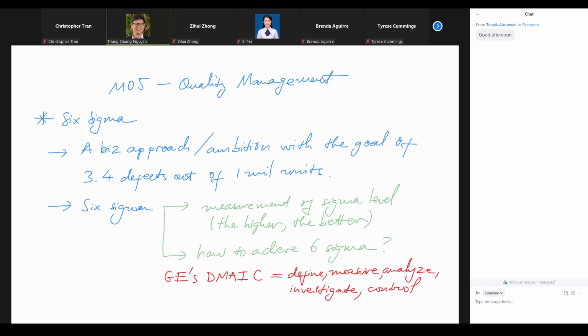The Six Sigma that we are focusing on today is more broadly, more generally defined, so it can be applied to many contexts. Okay, so today we will focus on the measurement of the sigma level, where we can apply that sigma level to any process that can be measured with the number of errors, things like that, right? Then we can calculate the Six Sigma for them.